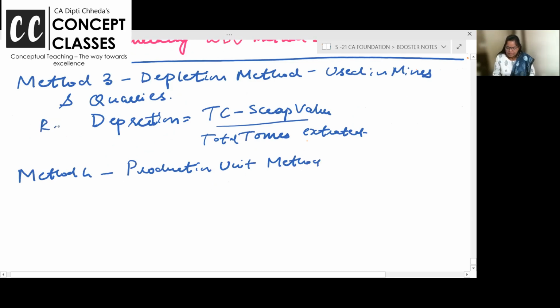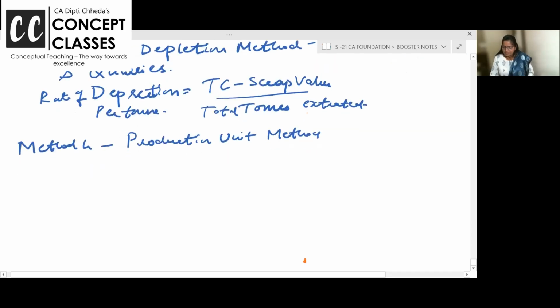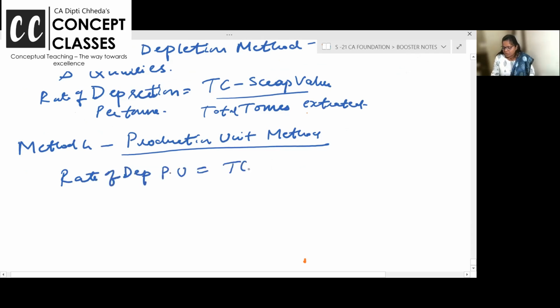Write this down please. Rate of depreciation per ton you will get. Where is the production unit method used? Rate of depreciation per unit is total cost minus the scrap value. When I say total cost, dear students, all installation and all expense you will capitalize except for insurance.